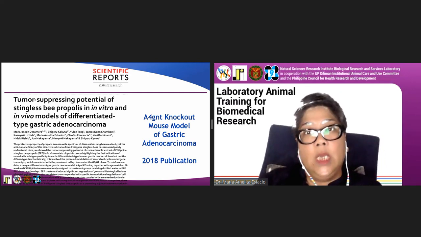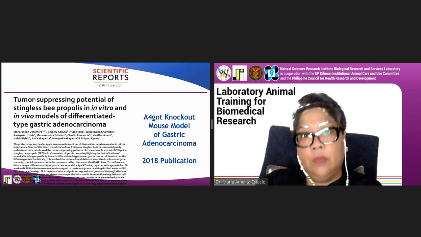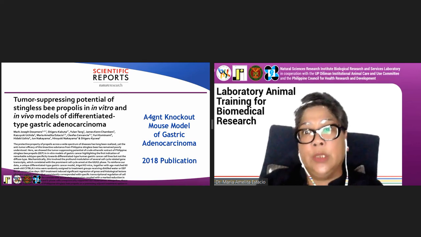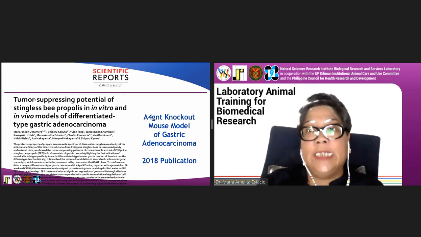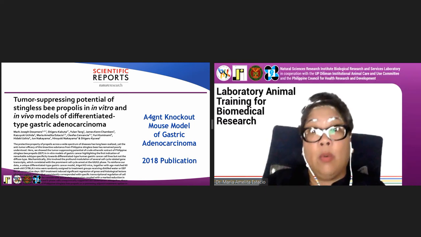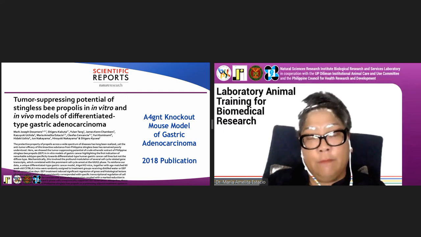What we use here, we're very much interested in gastric adenocarcinoma, stomach cancer. This is a metastatic type, and we're using the A4GNT knockout mouse model. This is a transgenic spontaneous model for gastric adenocarcinoma that was developed by our collaborator at the University of Tokyo.